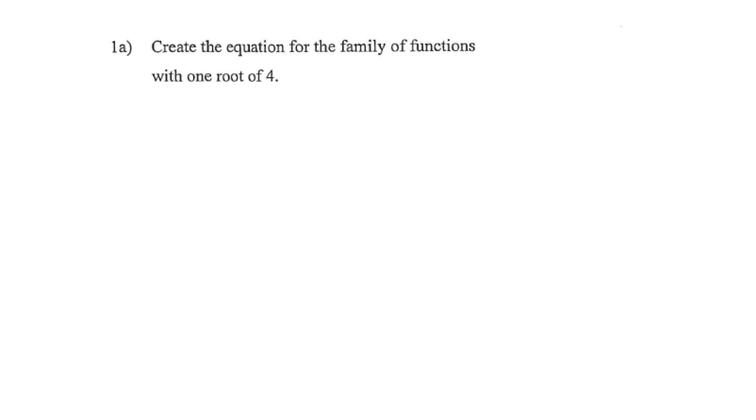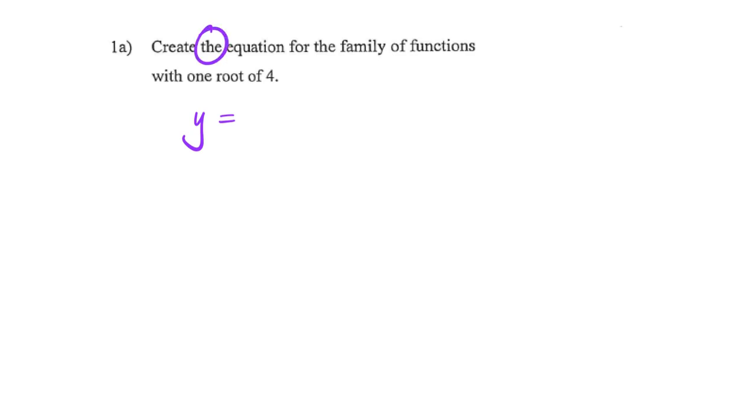1a asks you to create the equation for the family of functions with one root of 4. Okay, what I can do then is use a generic output. My generic output is going to be y. I'm talking about one equation because I'm creating the equation.